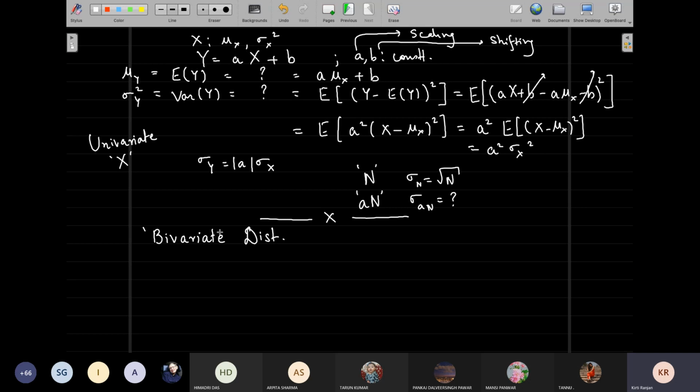Now we extend our reach to bivariate. That means we start talking about two random variables, x, y. And then it can be extended further to trivariate and multivariate ones, which goes to x, y, z, x, y, z, w, and so on and so forth.